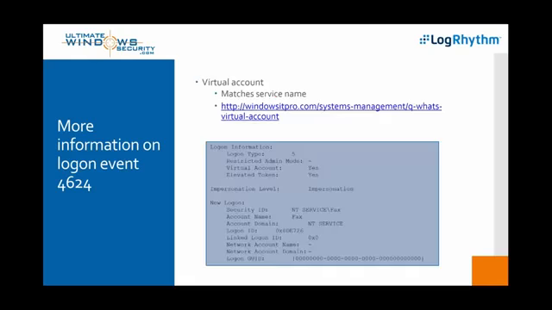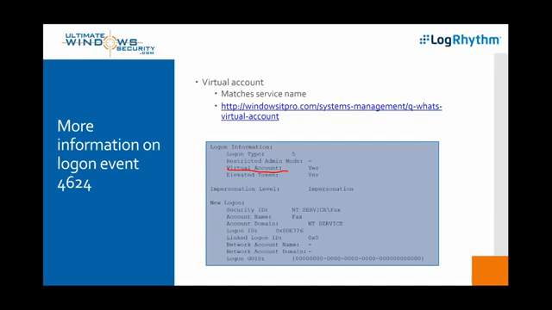You might have noticed, first of all, one of these other new fields, virtual account. Those are associated with services. You can now run services with the logon as user account on a service just being the name of the service.